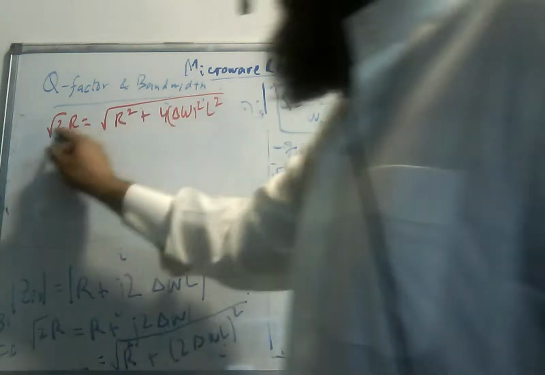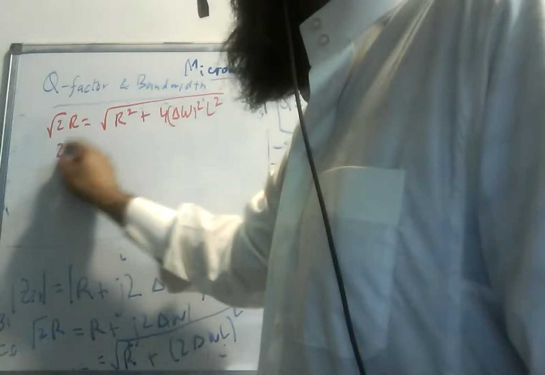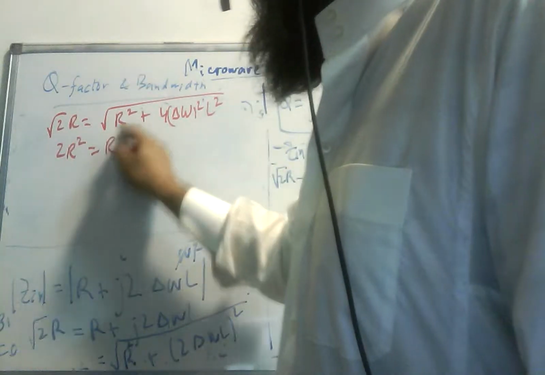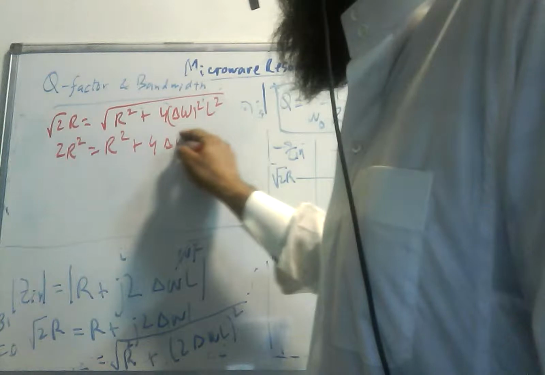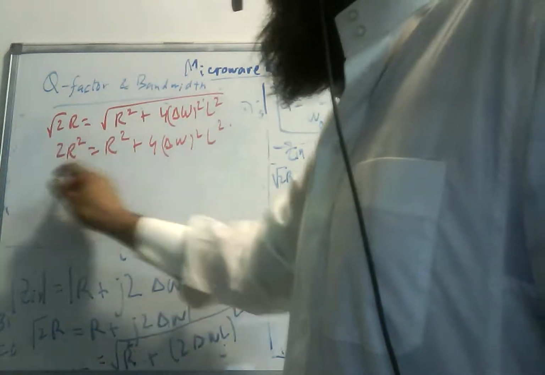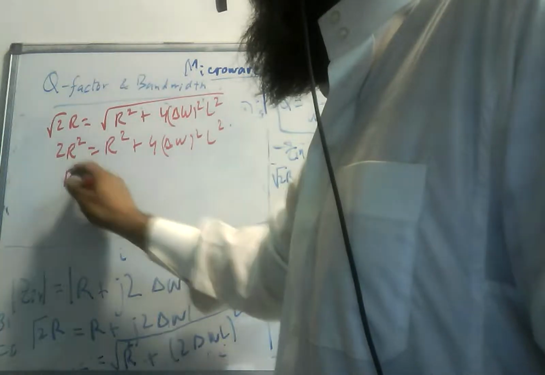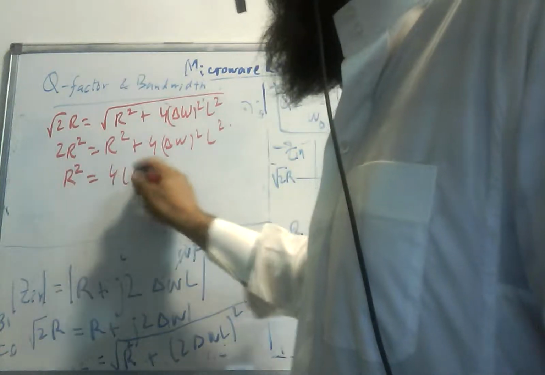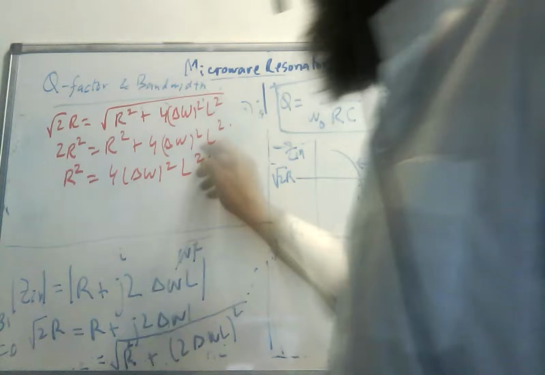Now I square the two sides, so it will be 2 R square equal to R square plus 4 delta omega whole square L square, and this R square goes here, it will become R square equals 4 delta omega whole square L square.